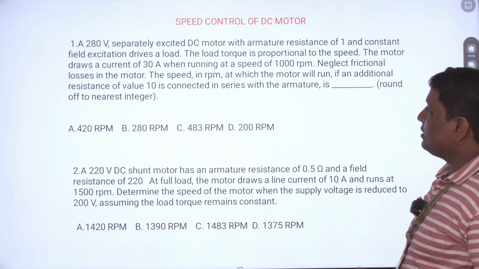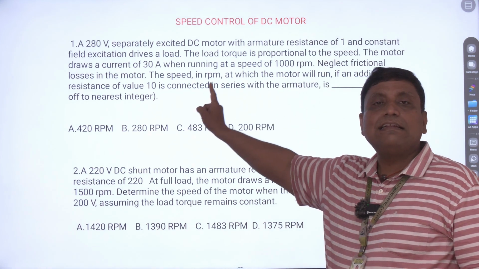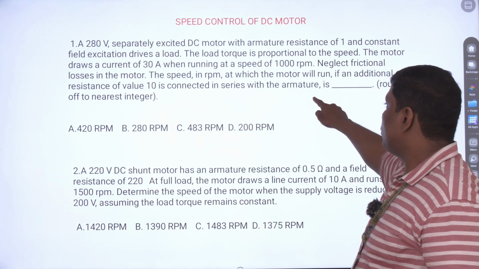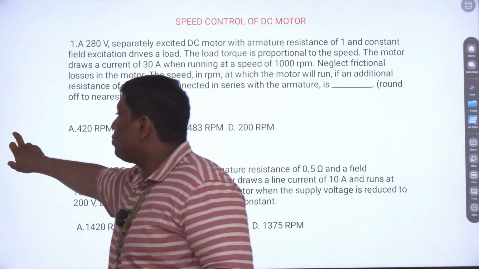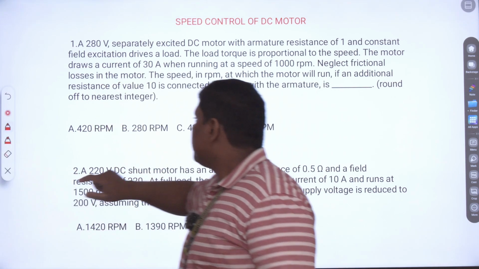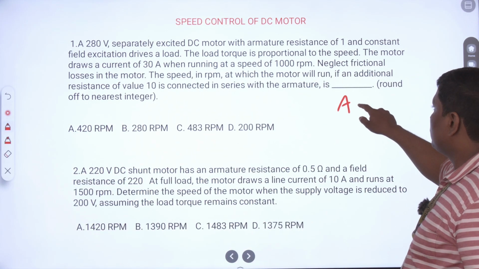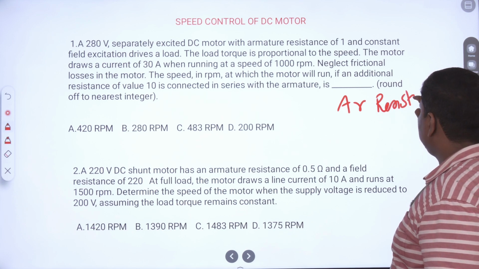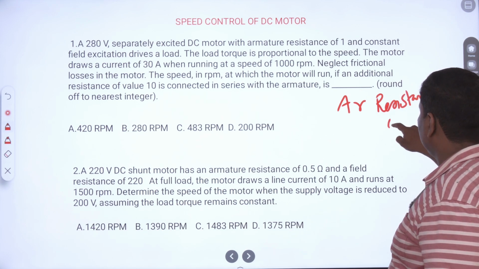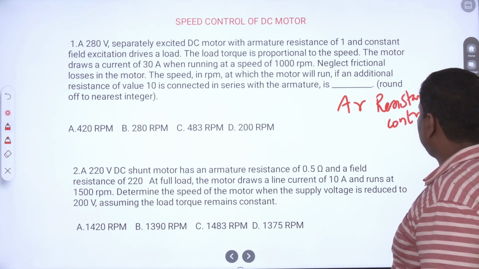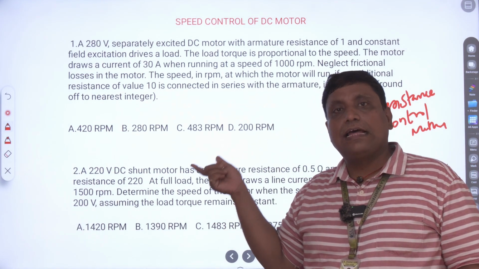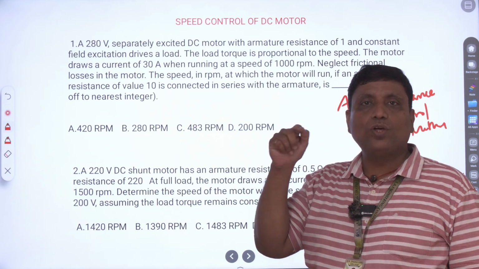What is the value? So here the external resistance of 10 ohm is added in series with the armature. This is nothing but the armature resistance control method, right? If you are adding the external resistance, that will affect the current through the armature.